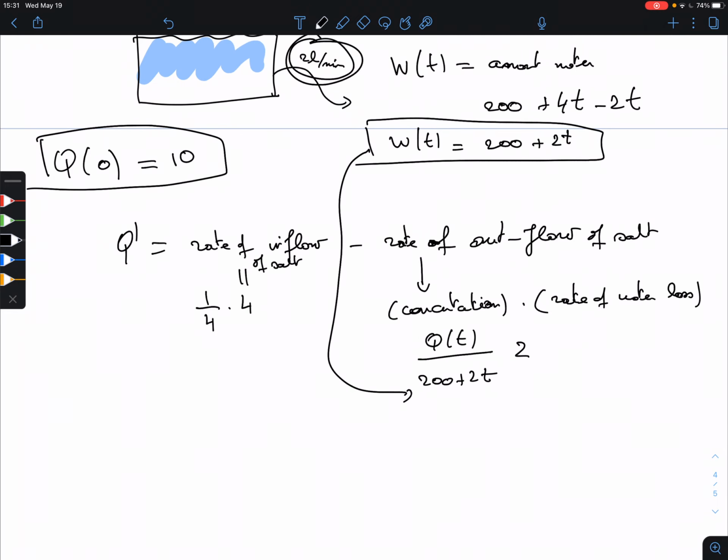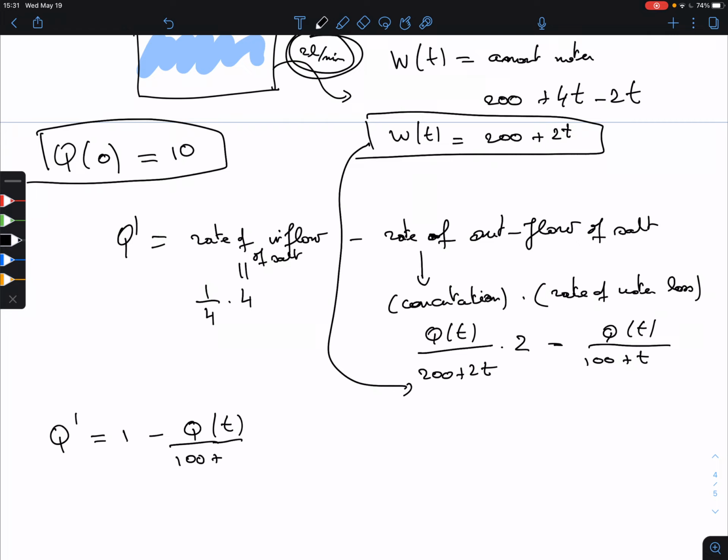So that's where this formula comes from. And we can perhaps even cancel the 2's in the denominator. If you cancel a 2 in the denominators, every term has to be divided by 2, right? So we get this. So what is our differential equation? Q' equals 1 minus Q(t) over 100 plus t.